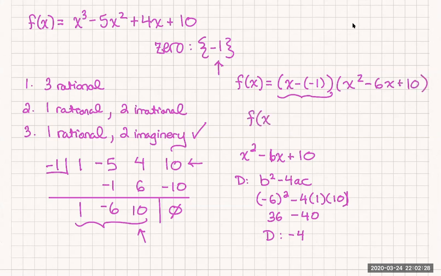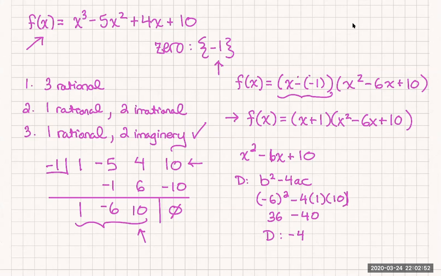So my answer would be x plus 1, because minus a negative gives me a positive, times x squared minus 6x plus 10. So this is this polynomial factored into linear factors and irreducible quadratics.